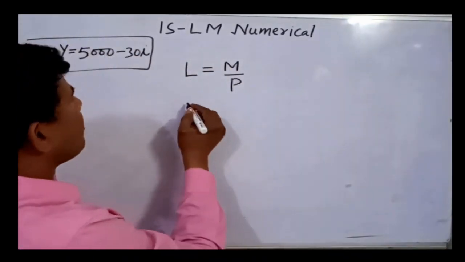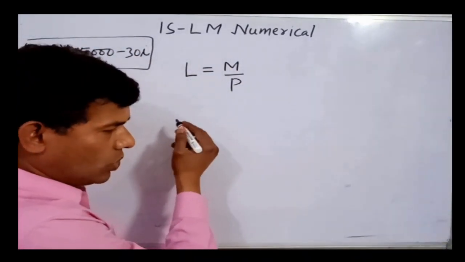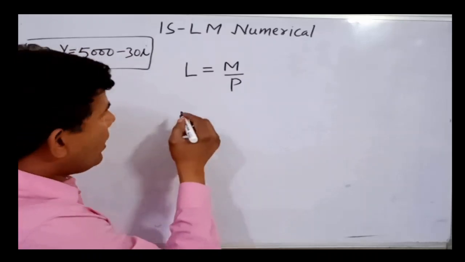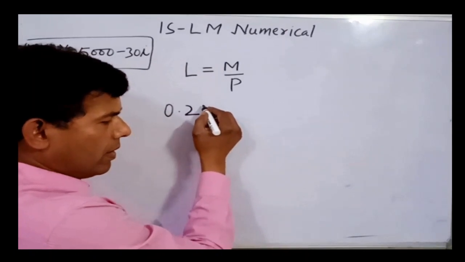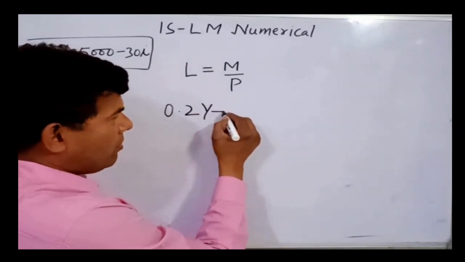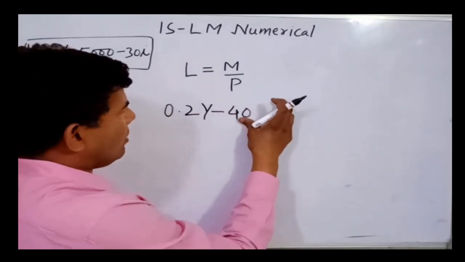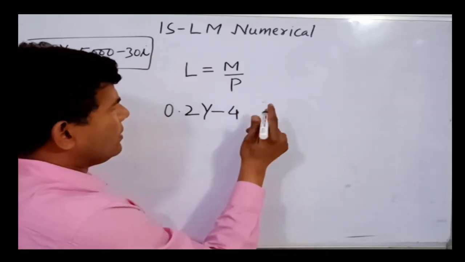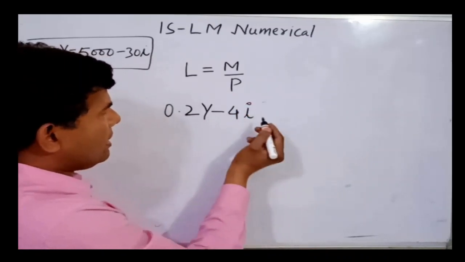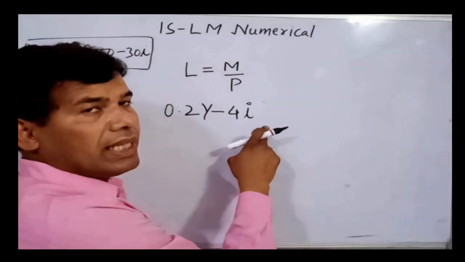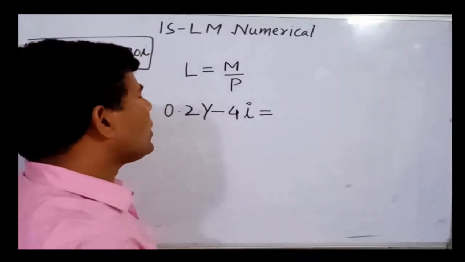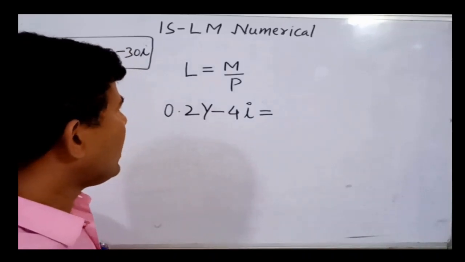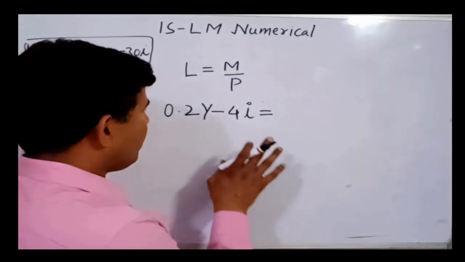L is given as 0.2Y minus 4I, the money demand equation which is given in the question, is equal to M by P, right?